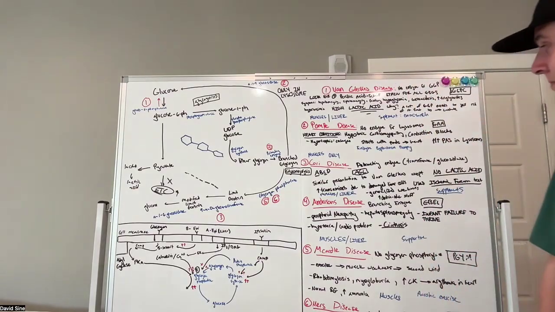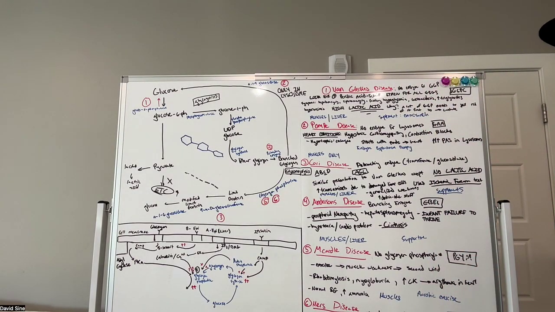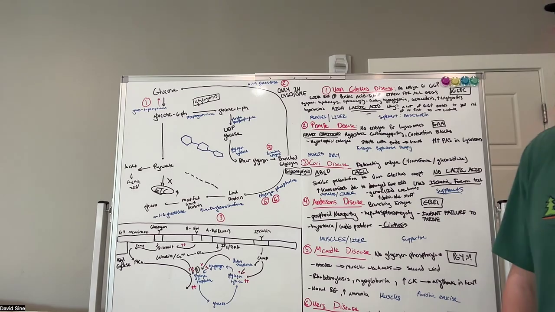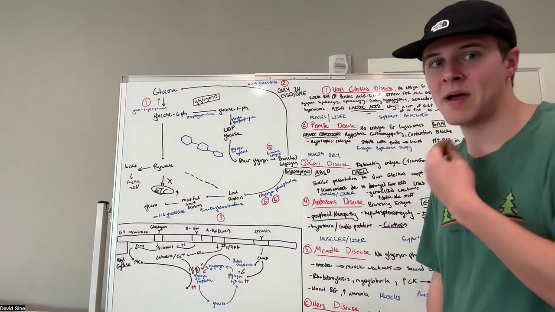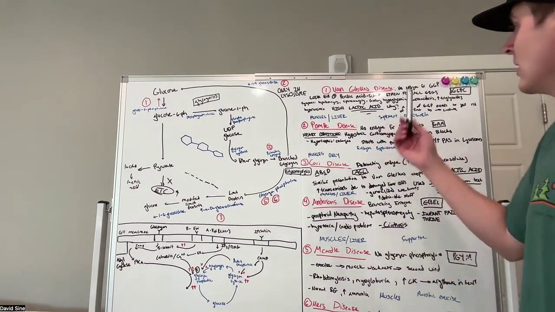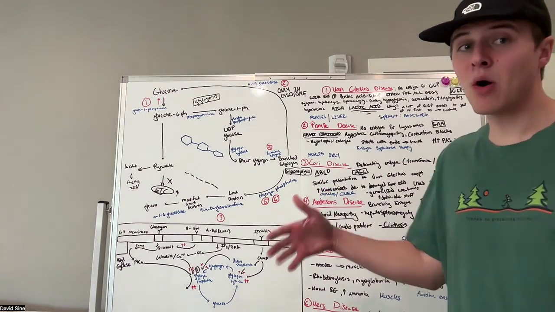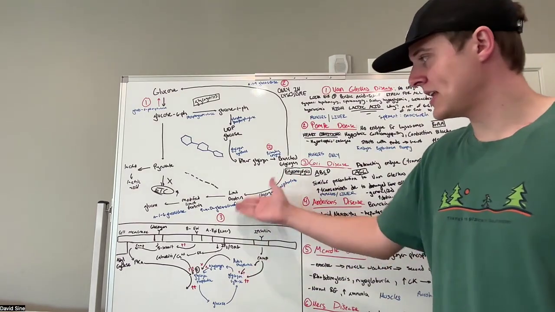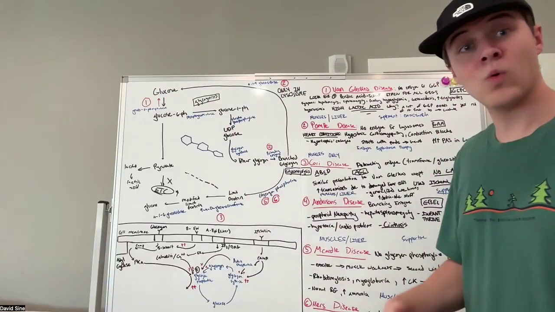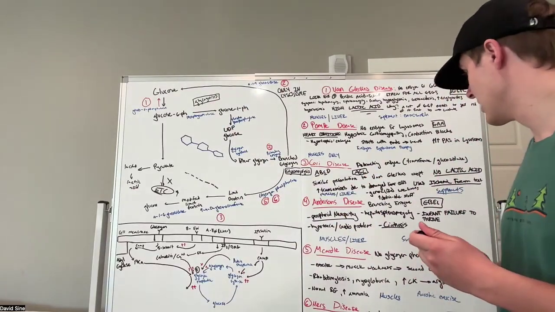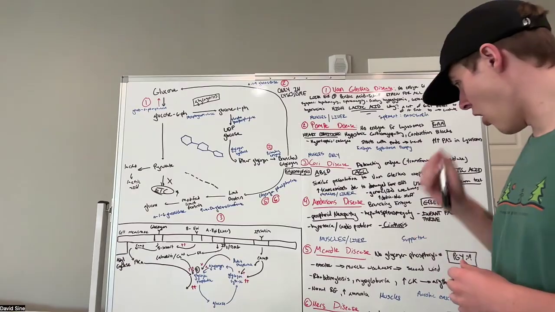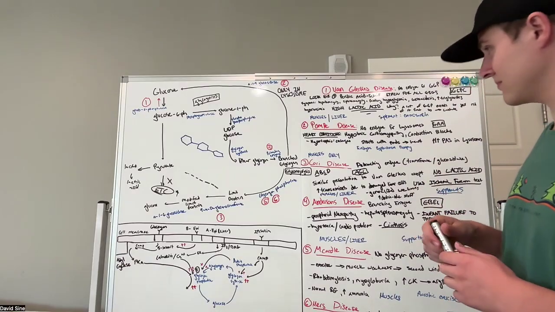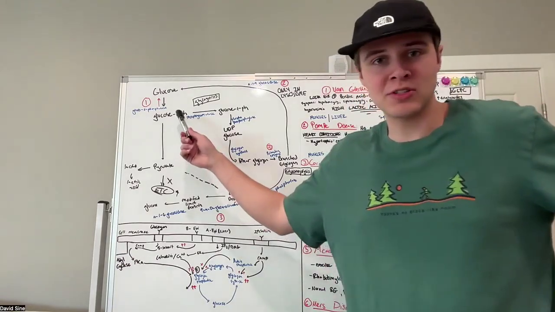So that's a problem. What we're going to see here are presentations similar to Von Gierke's disease, because now we're impacting both muscle and liver. We're going to be hypoglycemic because we cannot produce glucose. We don't have any glucose in our system. The only difference with this one is that there is no buildup of glucose 6 phosphate.